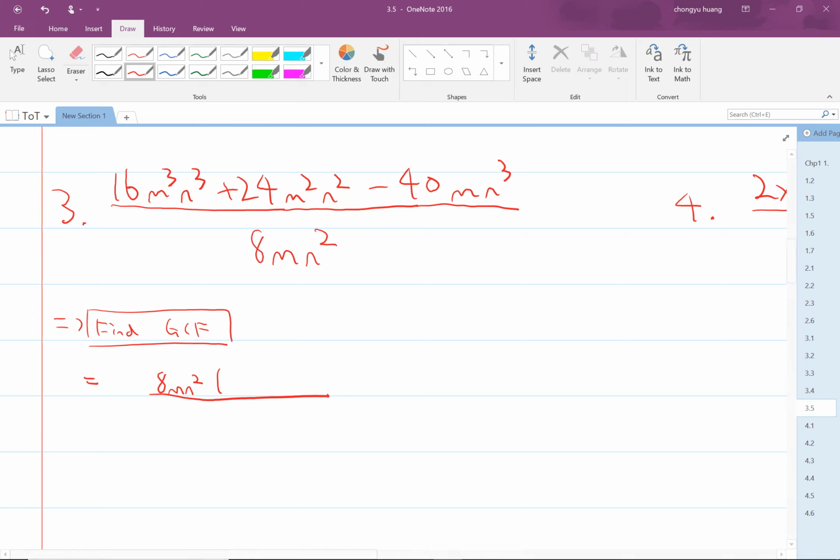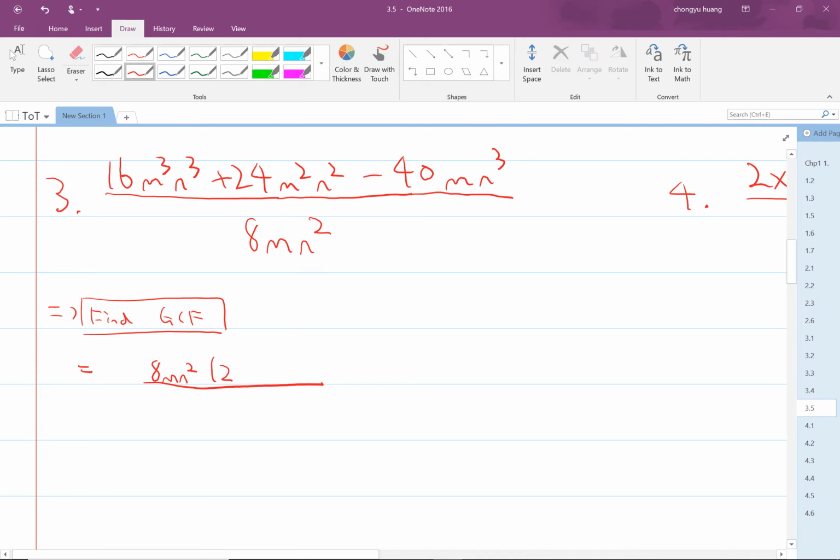So 8 multiplied by 2 is 16, so you write down 2. And then m multiplied by m to the power 2 is m to the power 3, and n to the power 2 multiplied by a single n is equal to n to the power 3.